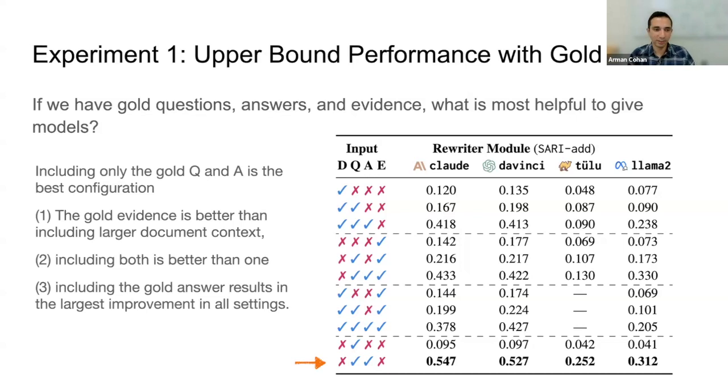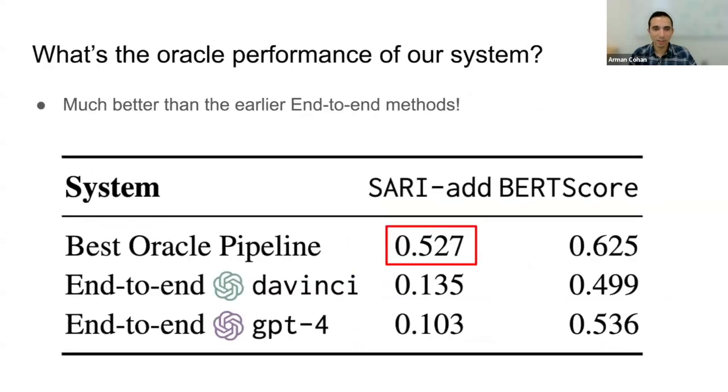So if you just give it a question and a gold answer and the original snippet, it can do the decontextualization much better than if you give it the full document. So yeah, this Oracle pipeline results in a much improved score compared with the end-to-end performance.